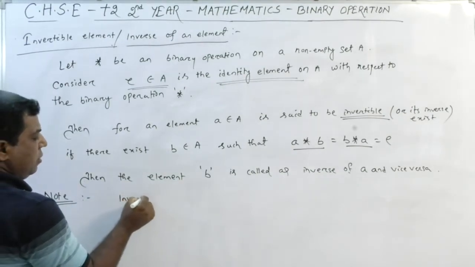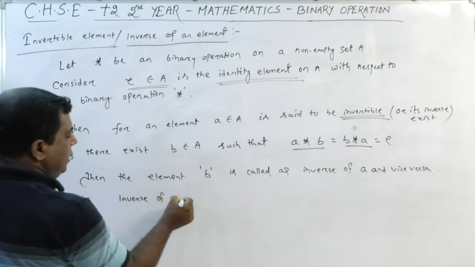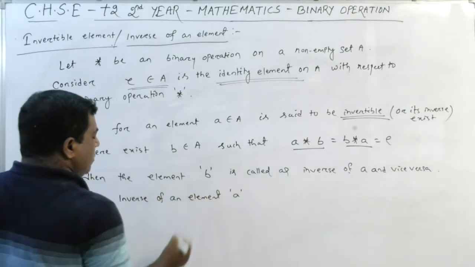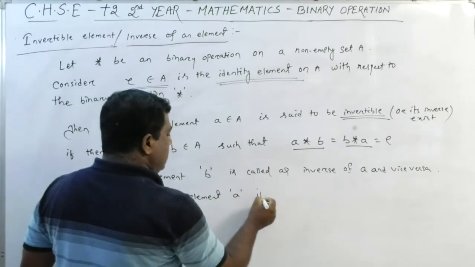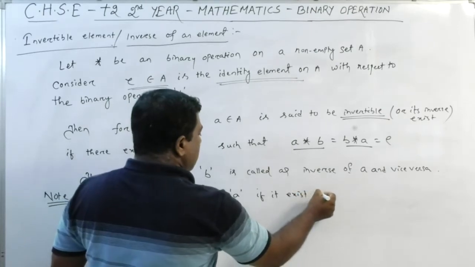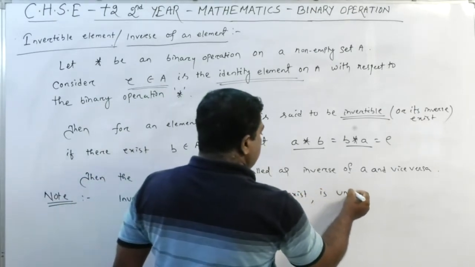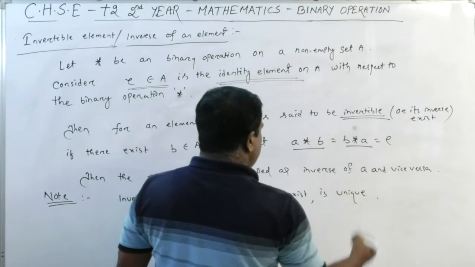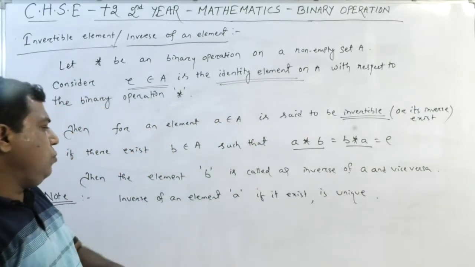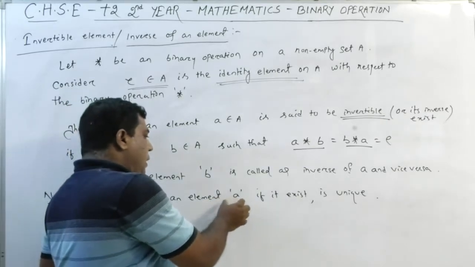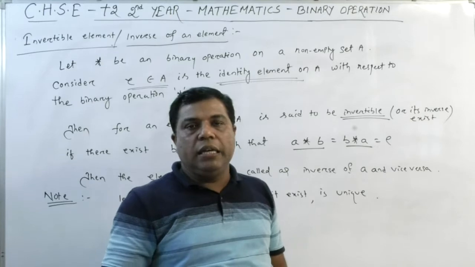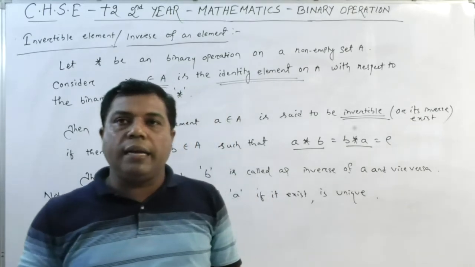Note: the inverse of an element A, if it exists, is unique. So for every element A, if the inverse exists, it is unique for that element only.